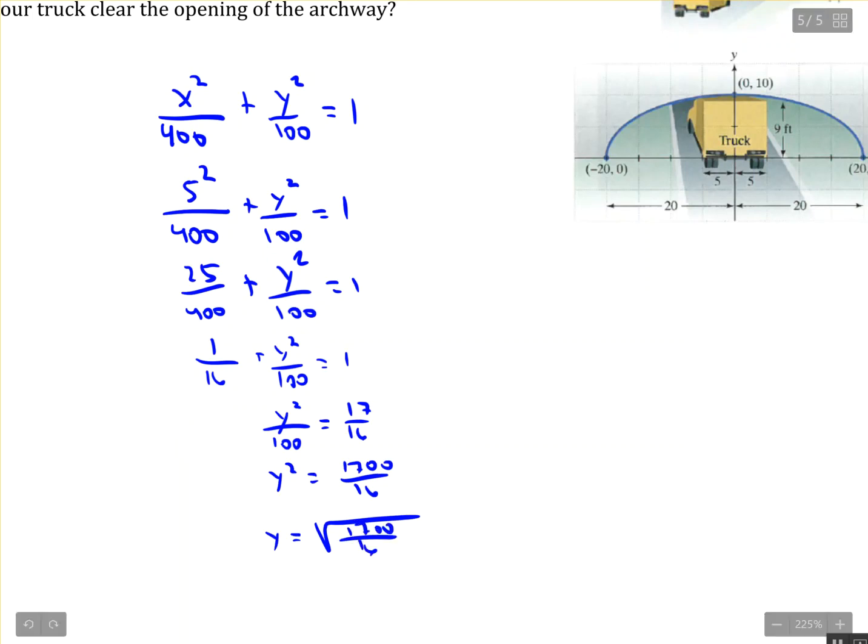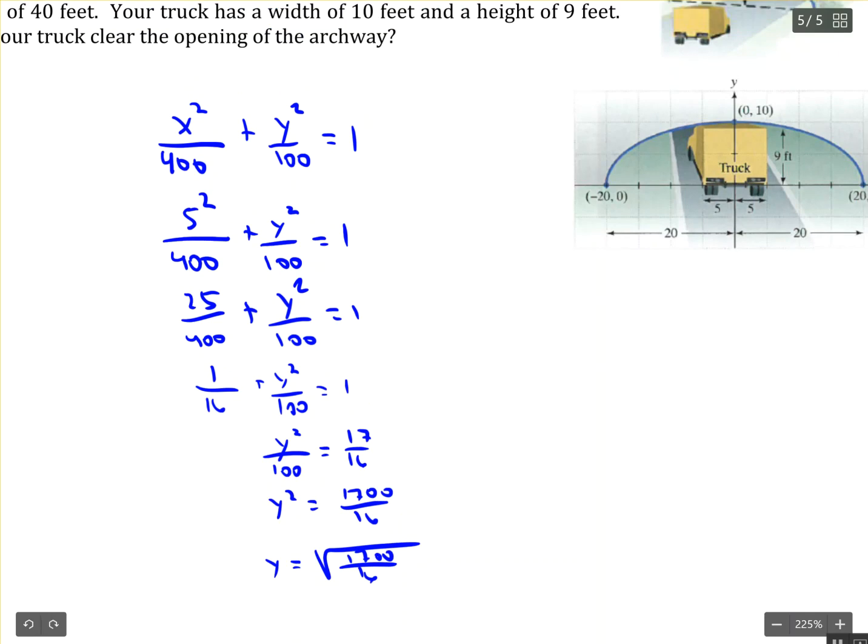Let's go ahead and break out our calculator for that. Well, actually, before we do that, I noticed I made a little bit of an error here. Sorry, it's 1 minus 1/16, so it should be 15/16. And then that's 1500 over 16. And then it's square root of 1500 over 16.